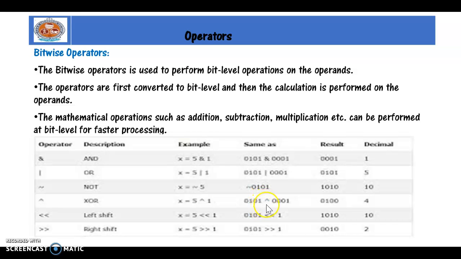And the cap symbol is known as the XOR symbol. It will give the result 1 if only one of them is 1. That is, if we encounter 0 and 0, the output is 0, and 1 and 1, the output is 0. If we have a combination of 1 and 0, then the output is 1.